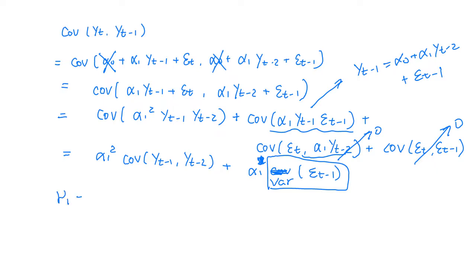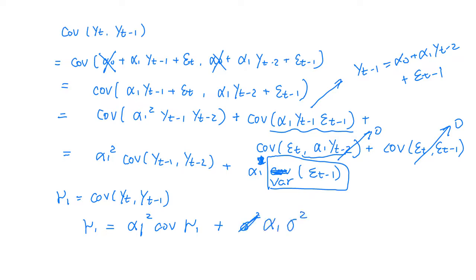So gamma 1 is also called the covariance at lag 1 period, right? So gamma 1 is actually equal to alpha 1 squared gamma 1 plus alpha 1 times the variance of epsilon. So 1 minus alpha 1 squared times gamma 1 is equal to alpha 1 times the variance of epsilon.